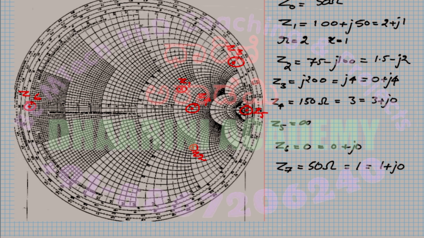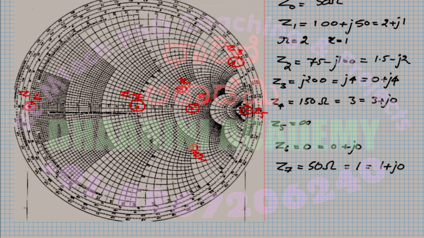The R equal to 1 circle intersecting with the horizontal line is this point. Correct? Because R equal to 1 is this circle, and intersecting with the horizontal line happens over there. Right? So that's why this point is the one which corresponds to Z7.